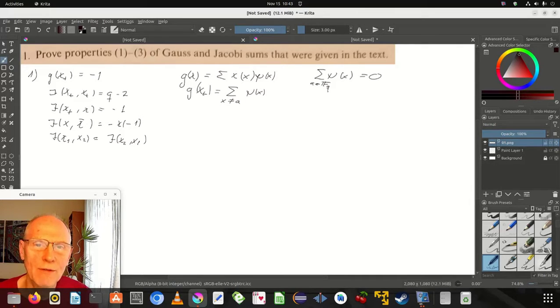So we have a type of the additive group, and it will be some powers of p. I don't really know which.